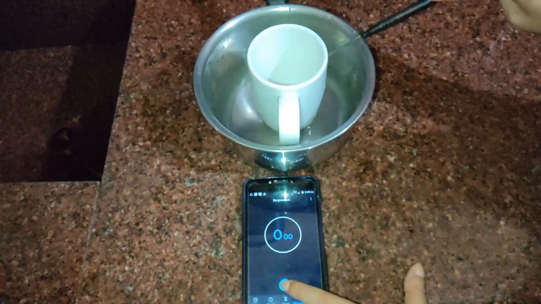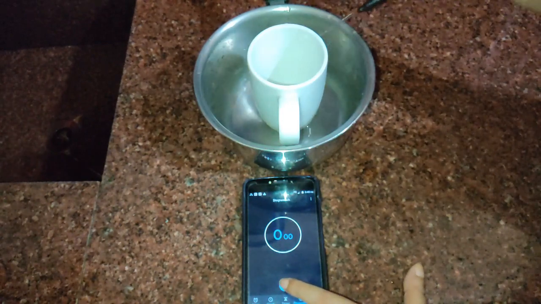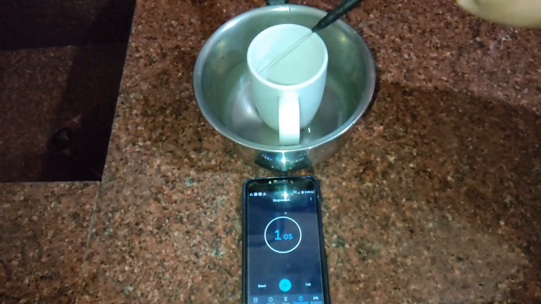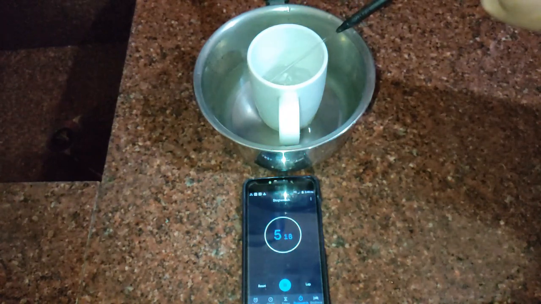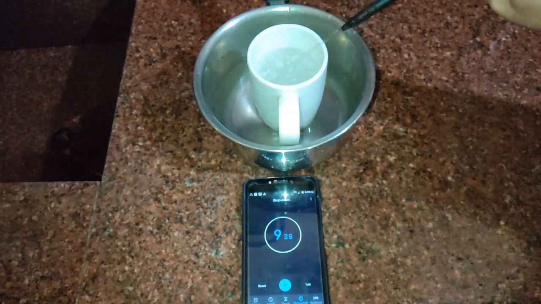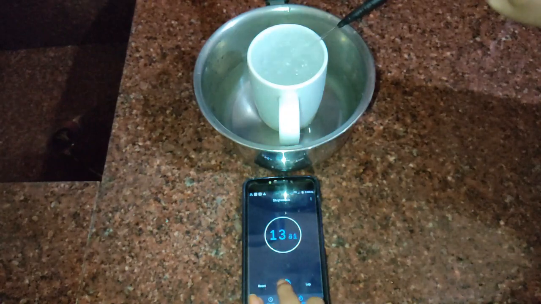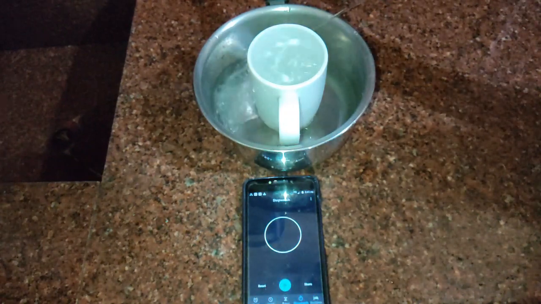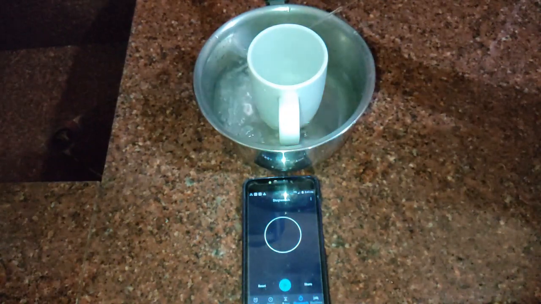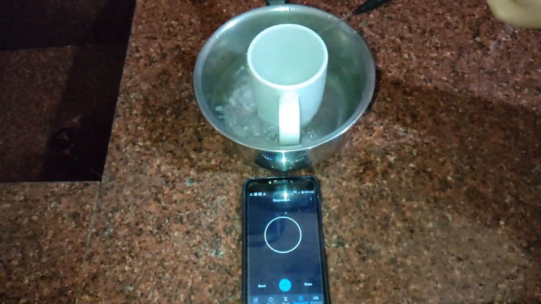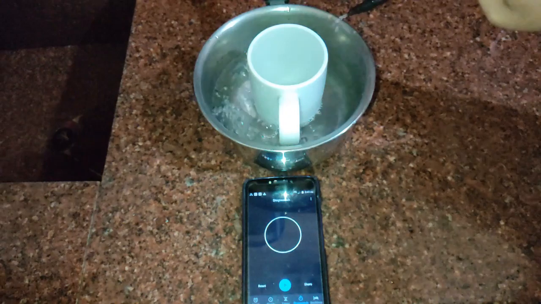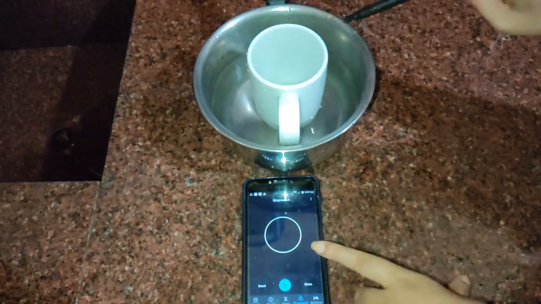Now I am switching it on. So you can see that it's coming almost the same.